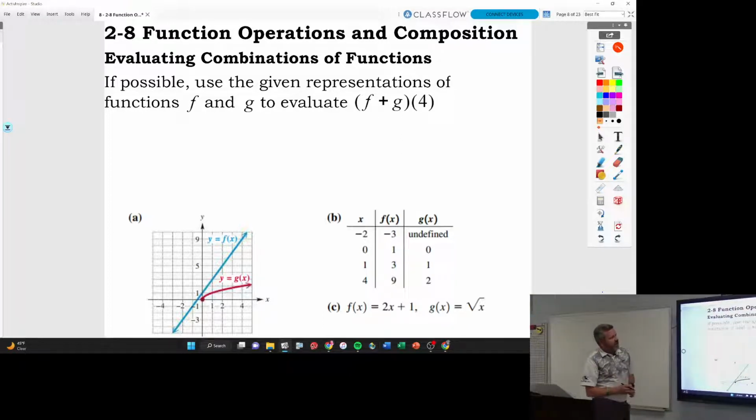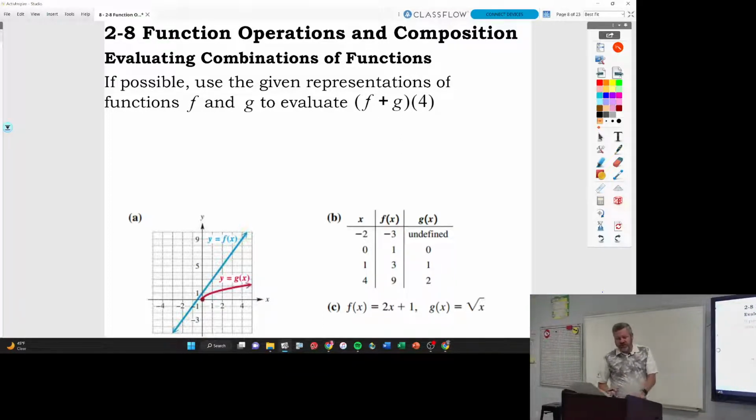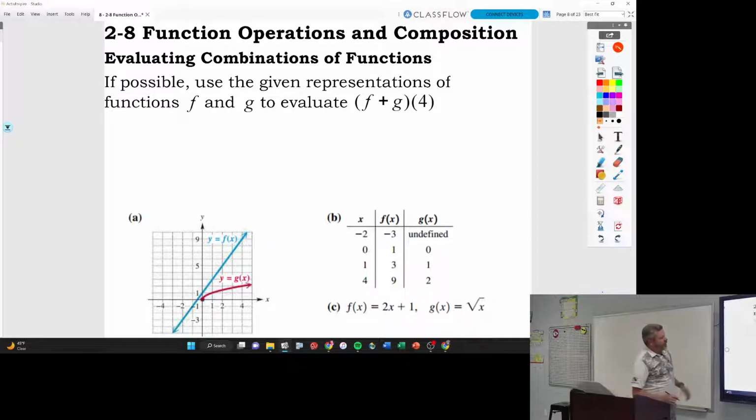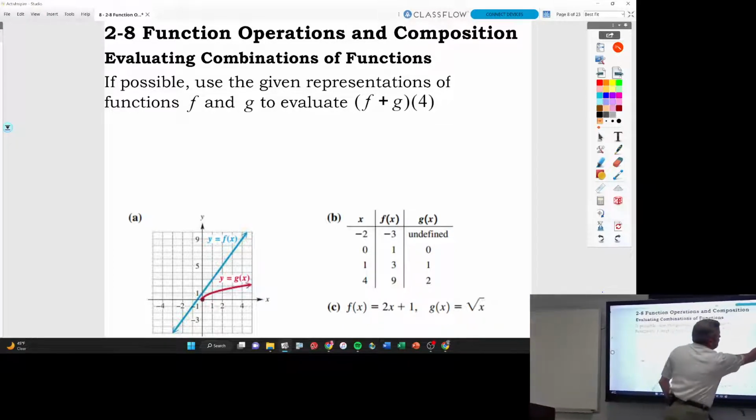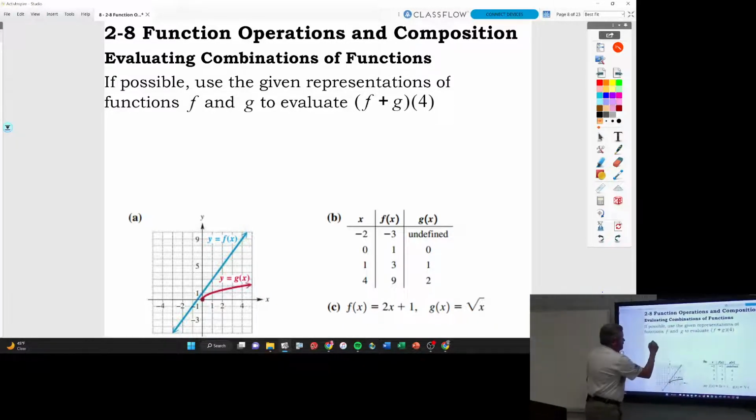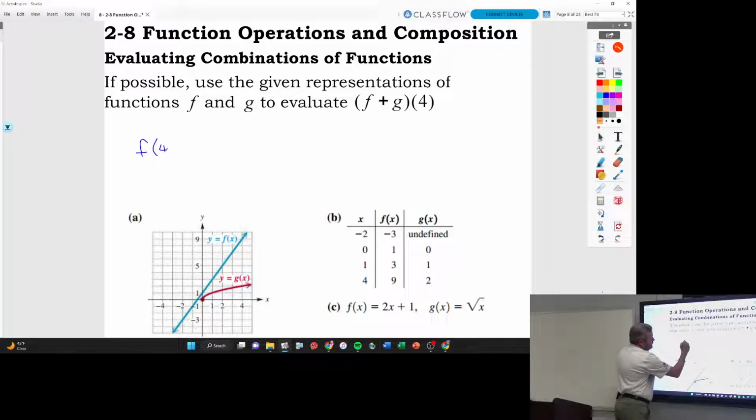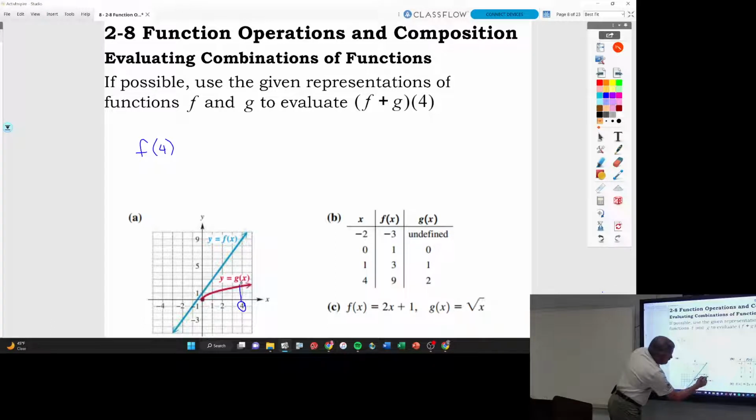On the blue function, the function evaluated at 4, if I go over to 4 and go up, I'm right there. And so that value is 9.